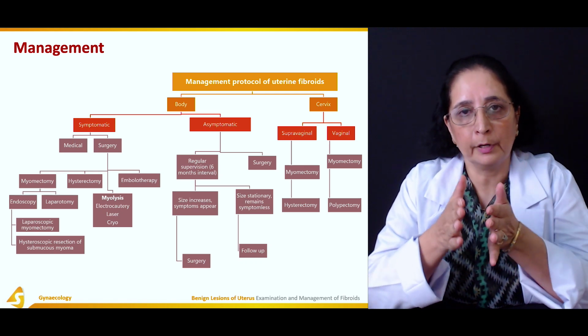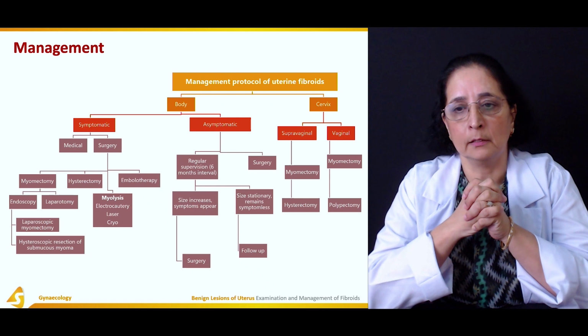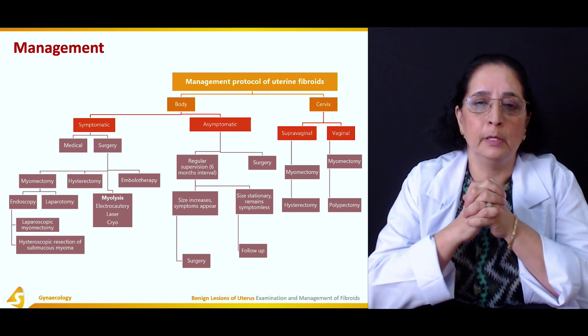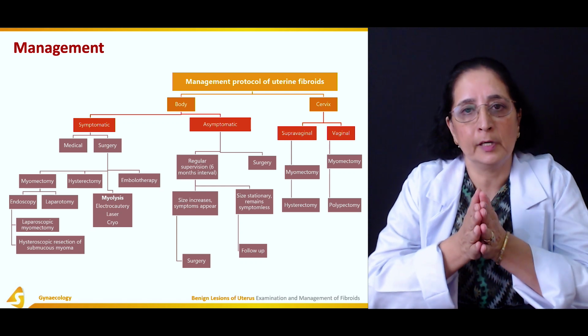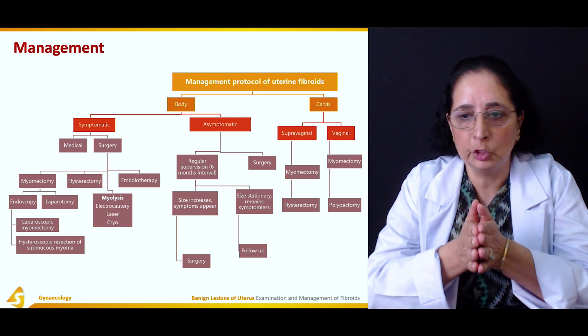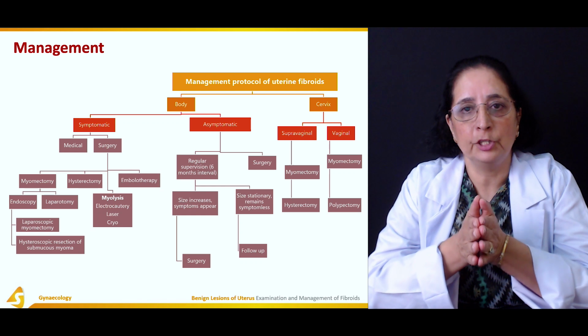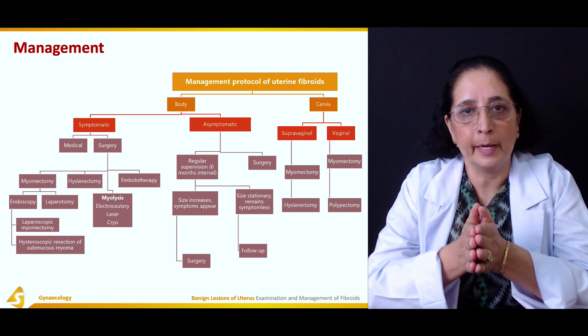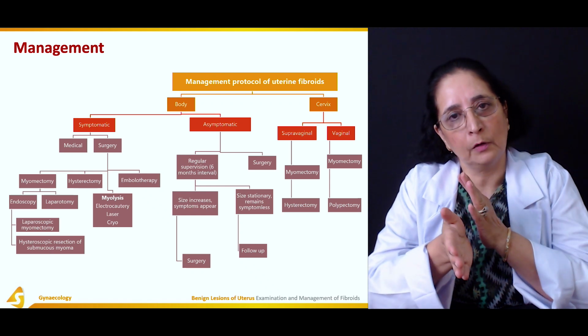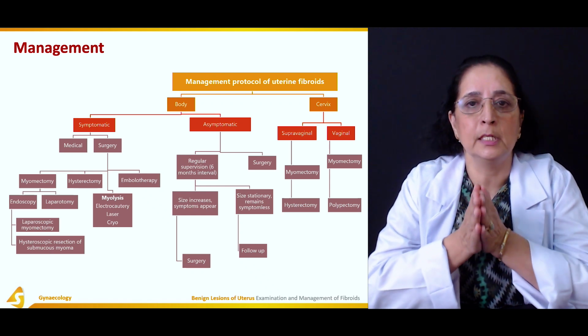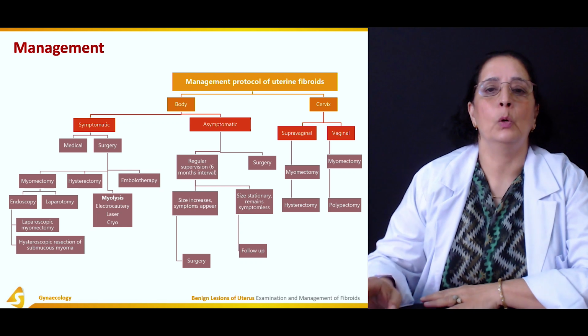If they are supravaginal or in the cervix, usually we do the myomectomy, which is removal of myoma. Hysterectomy is removal of the uterus. If it's in the vagina, again we do myomectomy, or polypectomy, which is removal of the polyps. Myomectomy is the removal of the myomas.